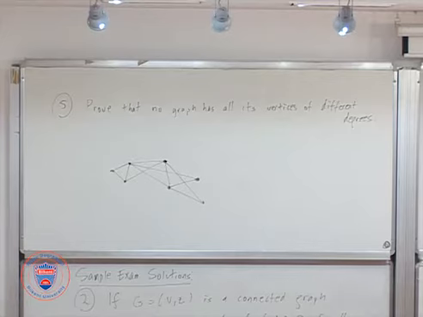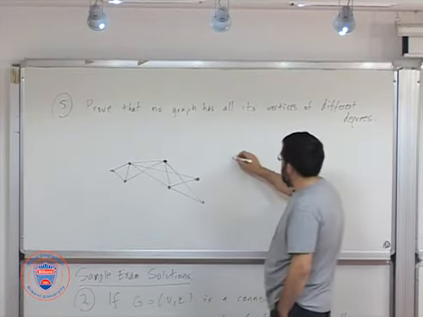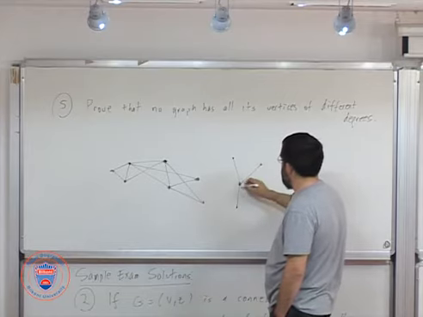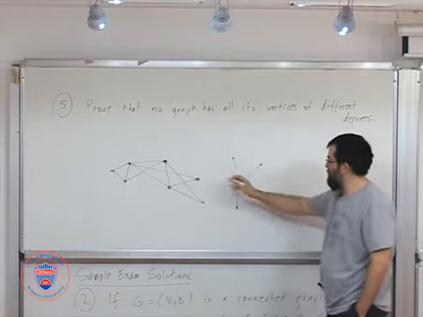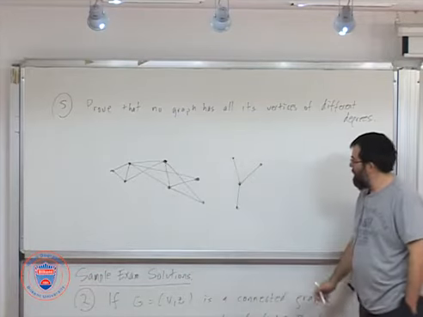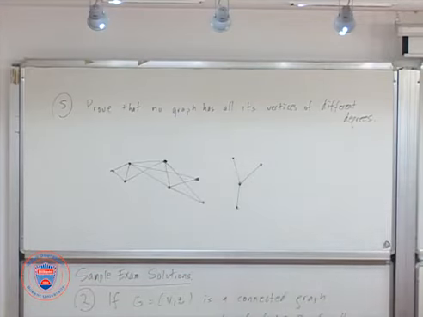You can even try to disconnect the graph into two, it still doesn't work. There's a 3 here and a 3 here. Any ideas how this can be solved?